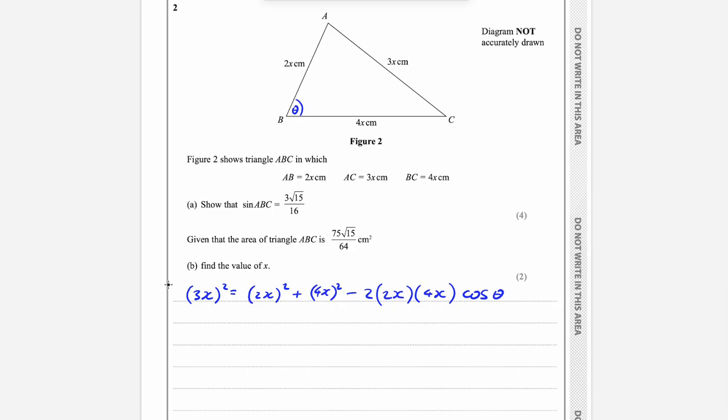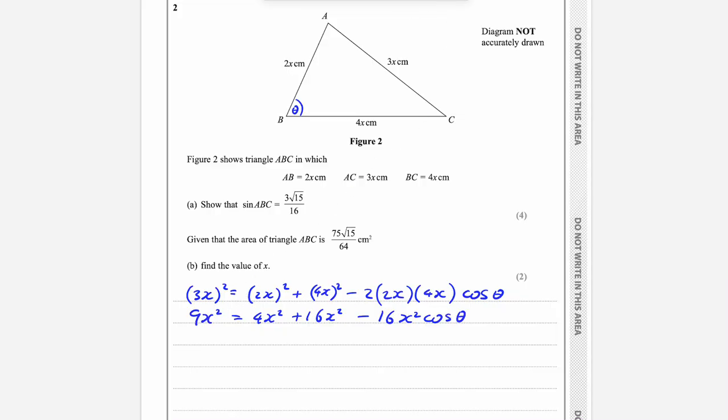So the fact that these are all in terms of x is pretty good for us. You can divide by x squared straight away, but let me put it in so we can all see what's happening. So it's 9x squared equals 4x squared plus 16x squared minus 2 times 2 times 4 times 16x squared cos theta.